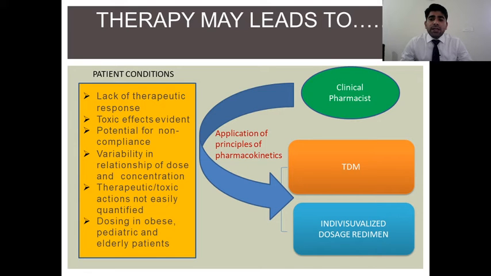By using TDM and an individualized dosage regime, with the help of these pharmacokinetic principles, the clinical pharmacist can optimize the therapy and increase the benefits to the patient by increasing the safety of the therapy, decreasing the side effects, and reducing the cost. In such a way the clinical pharmacist can optimize for the maximum benefit of the patient.